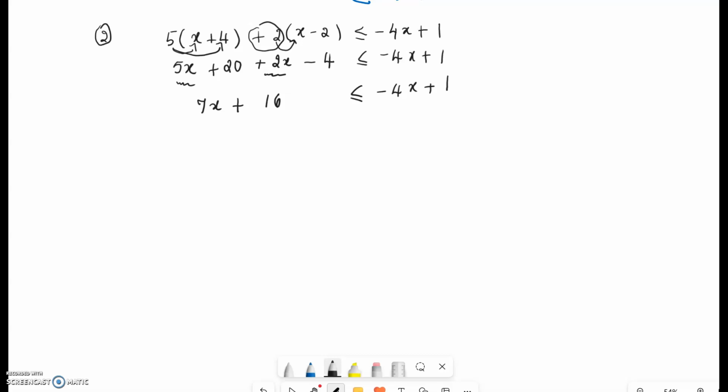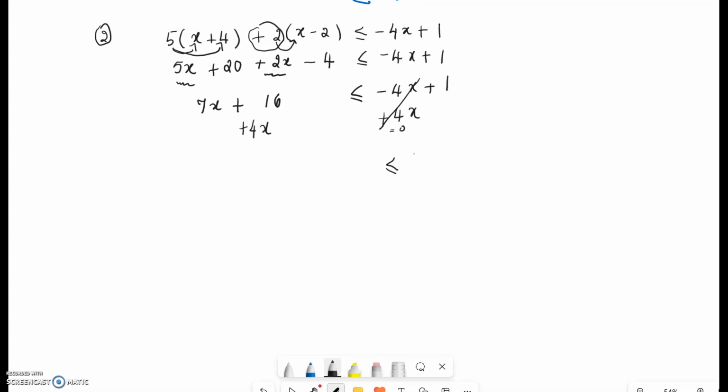We need to move all the x's to one side, if we're trying to solve either an equation or an inequality, which means I get rid of the negative 4x on the right by adding 4x on the right and on the left. So these two cancel each other out, which means it becomes a 0.